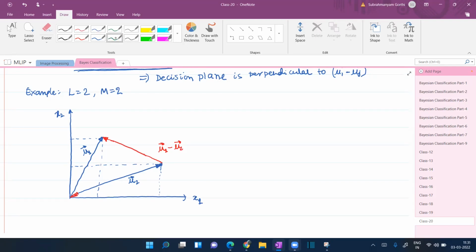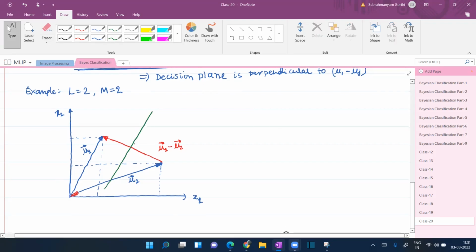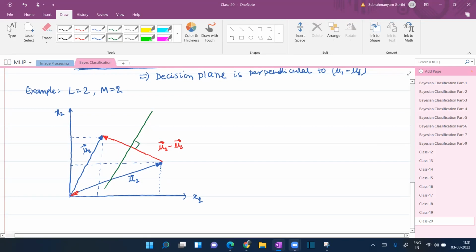That line is perpendicular to this. So somewhere, you need to draw a line which is perpendicular here, right? Let me rewrite with at least a little bit better version of that. Okay, somewhat better. This would be the line there.